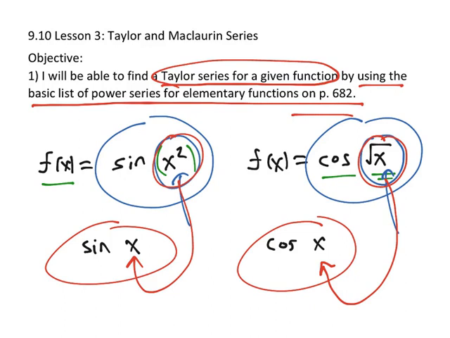So today we'll be looking at composition with known power series, but you could also do addition or subtraction of two known power series, multiplication or division, which we will look at separately in a different lesson, and differentiation or integration.